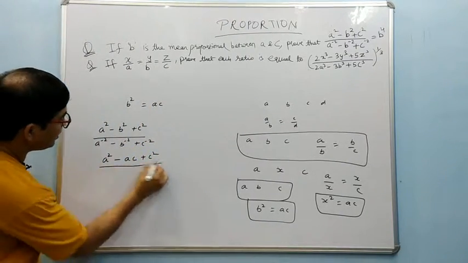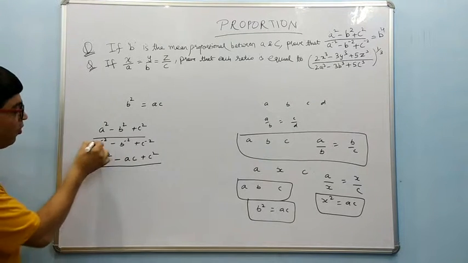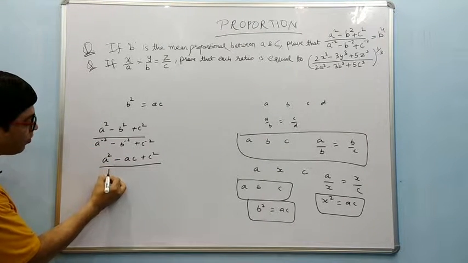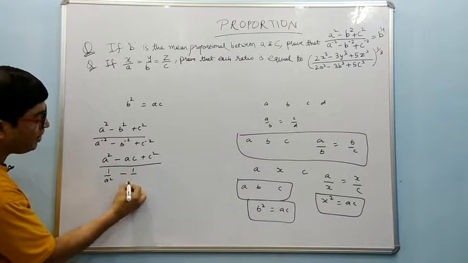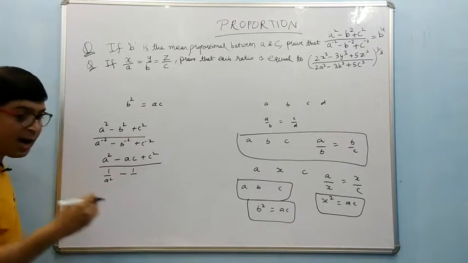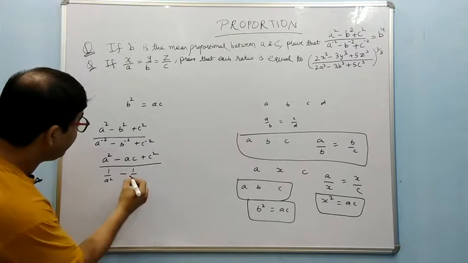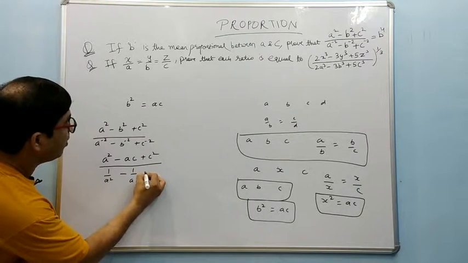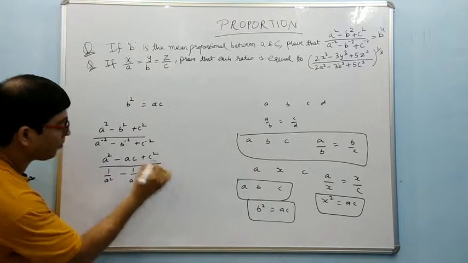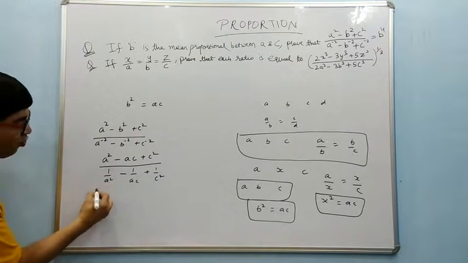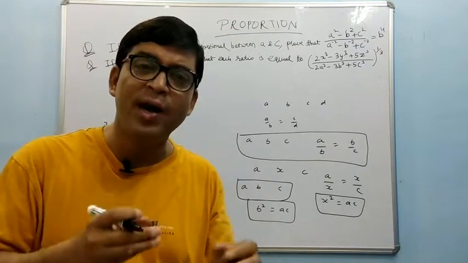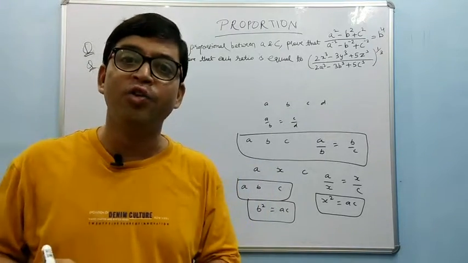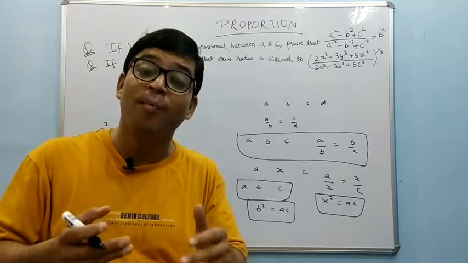So this can be written, A to the power minus 2 is 1 by A square, B to the power minus 2 is 1 by B square, which can be written as 1 by AC, plus 1 by C square. Why did I do this? I have just tried to convert the numerator and denominator uniformly.